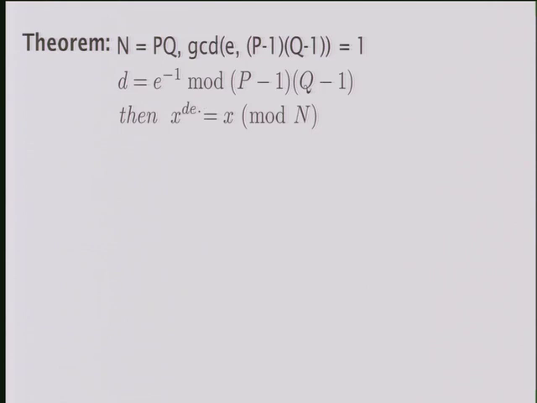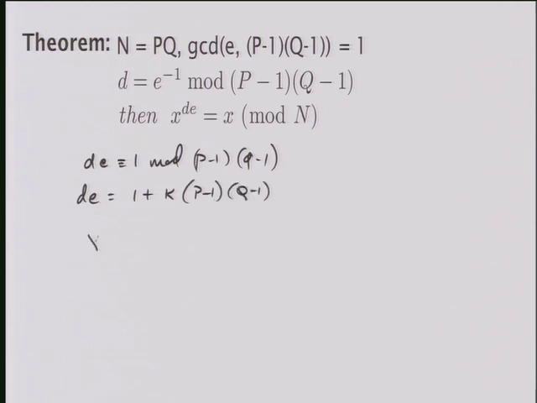So d times e is congruent to 1 mod p minus 1 times q minus 1, which means that d times e is 1 plus k times p minus 1 times q minus 1. So we want to show that x to the 1 plus k times p minus 1 times q minus 1 minus x is divisible by n.